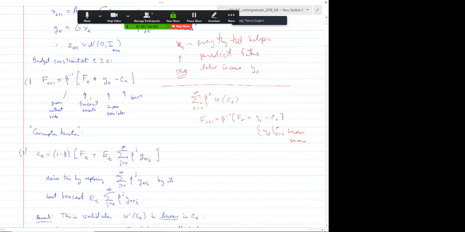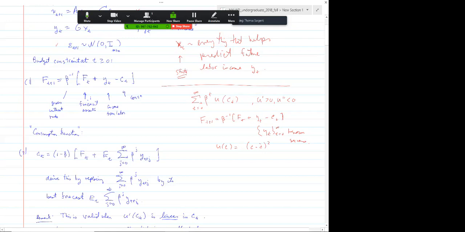Okay. So when we solved this before, and we have that u prime is positive and this is negative, I am now going to assume the special case of that. I'm going to assume u of c is equal to minus c bar squared.